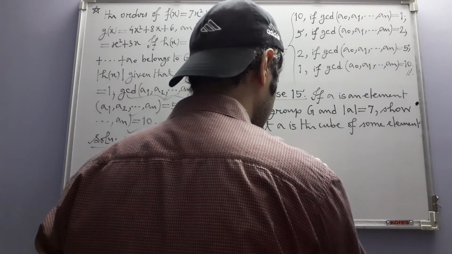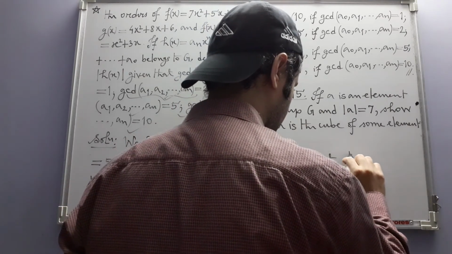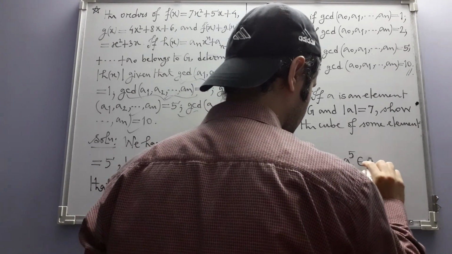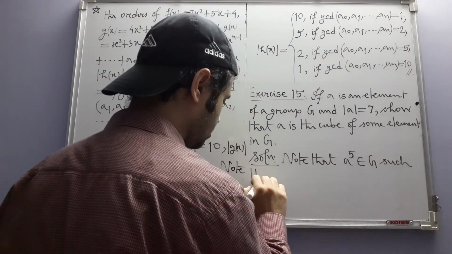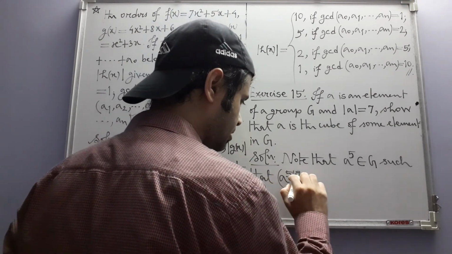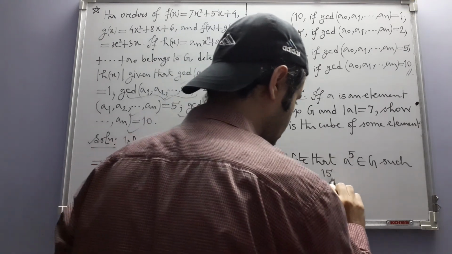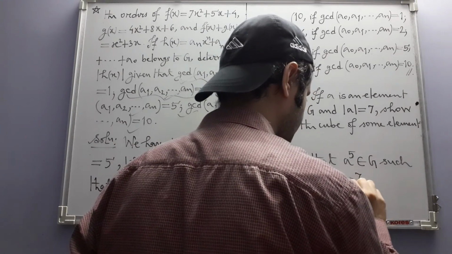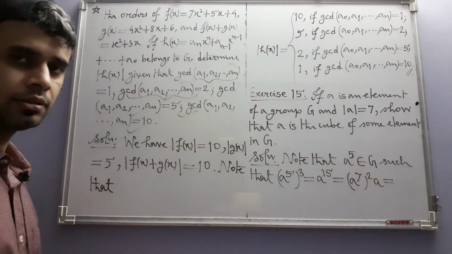Note that the fifth power of A belongs to G such that if you calculate its cube, you get A to the power 15, but by the rules of exponents, it can be written like this.